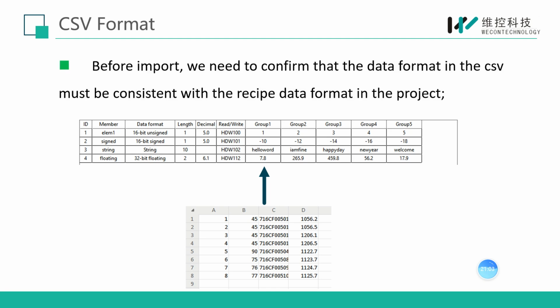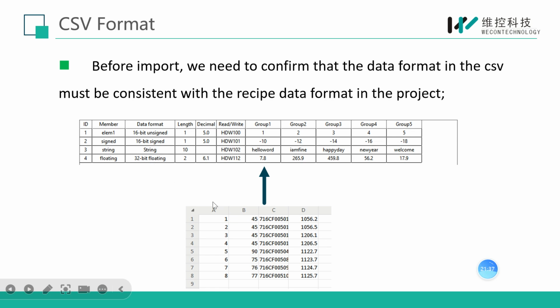Before we import this CSV file, we need to confirm that the data format of the CSV is consistent with the recipe data format in the project. You can see in my HMI project setting, the first one is a number, the second one is also a number, the third one is the string format, and the last one is the floating number.